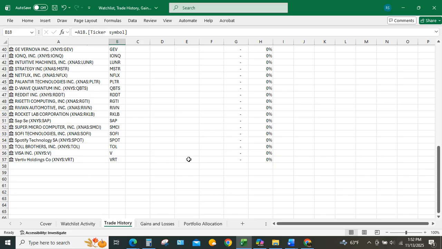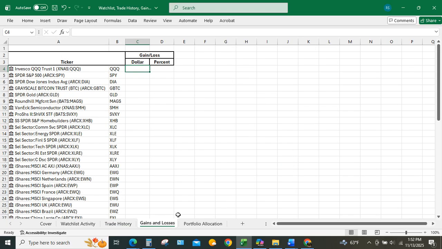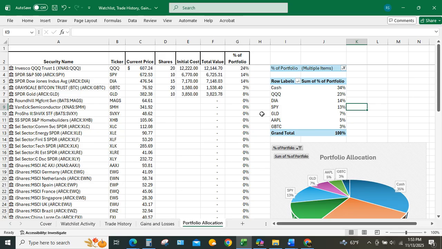So you can see I'm still putting this together. And then from there, it's going to be the total gains and losses for each ticker. So it'll summarize, for each ticker, all the trades that I've done. So if I did 5 trades on XLY, 3 of them were gains, 2 were losses, it'll just summarize the total gain or loss. And then in this last one, it'll talk about portfolio allocation.